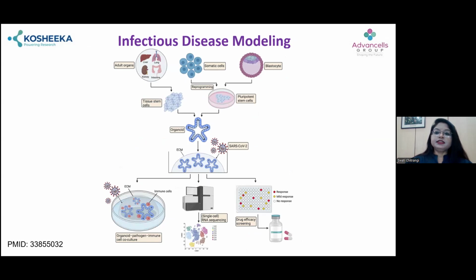Then infectious disease modeling. If you are studying any drug, if I take the example of COVID, when a person gets COVID, their body starts functioning differently, and there will be inflammatory cells and some inflammatory secretion. That you cannot study on one type of cell line.